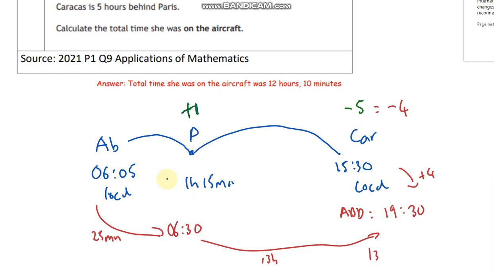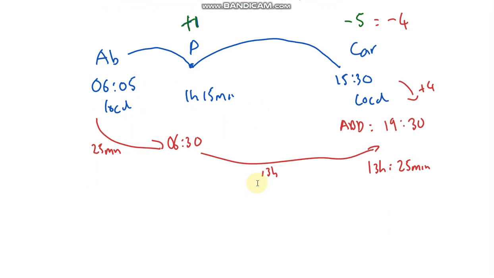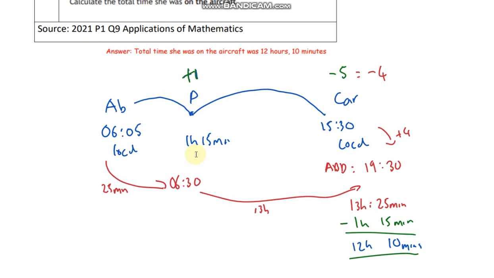So that means it's 13 hours and 25 minutes for a difference, but she stopped for an hour and 15, so I need to take away 1 hour and 15 minutes. 13 take away 1 is 12, 25 take away 15 is 10, and there's your final answer, 12 hours and 10 minutes.